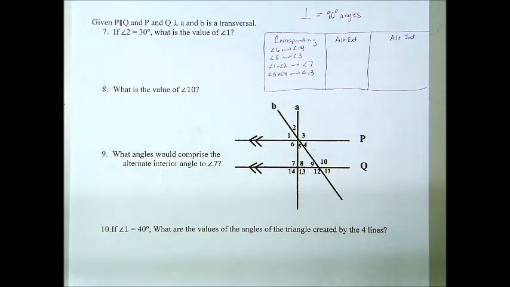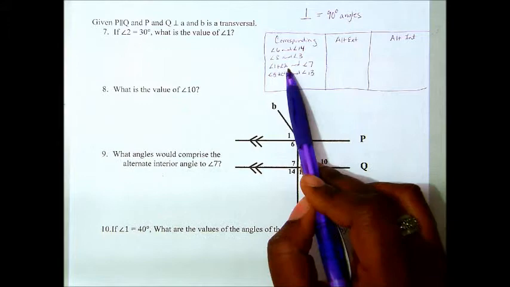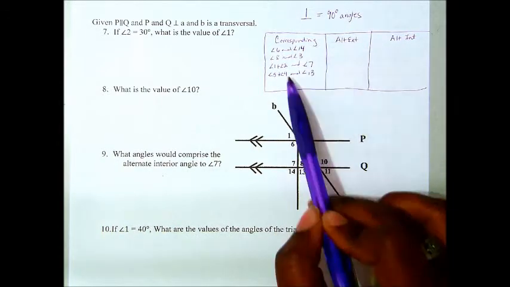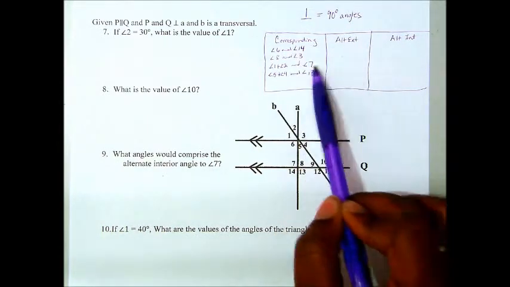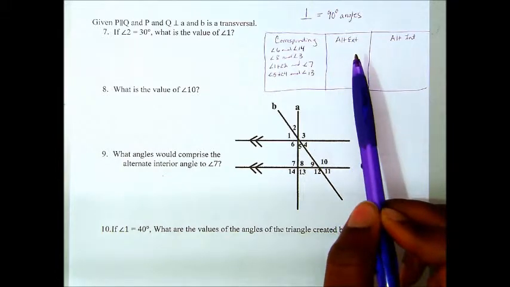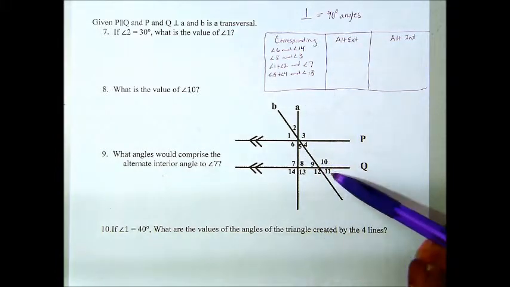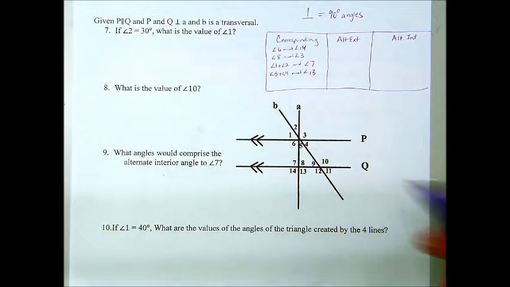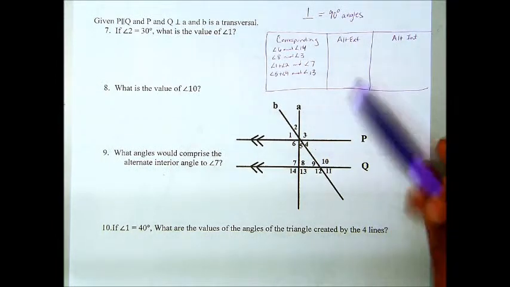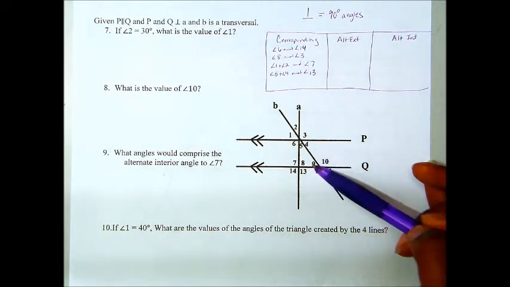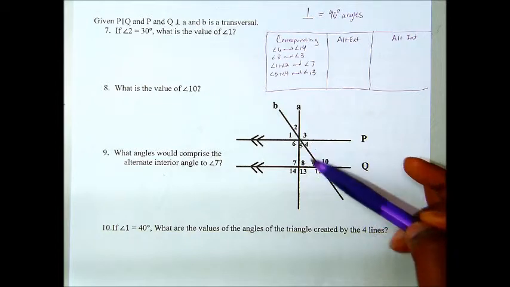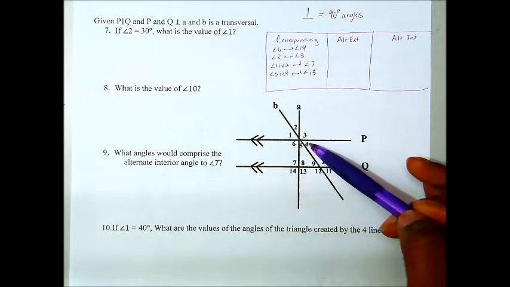So did I figure out 1, 2, 3, 4, 5, 6, 7, 8. I haven't used 9, 10, 11, and 12. So let's get those used. I see alternate interior right here. This angle and this angle.